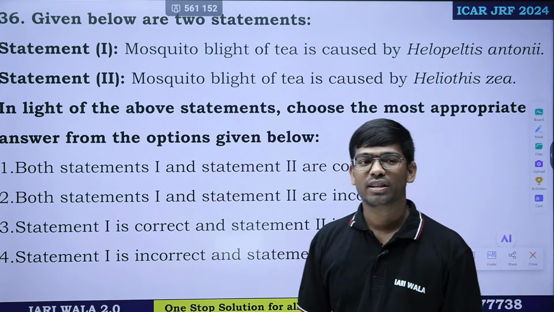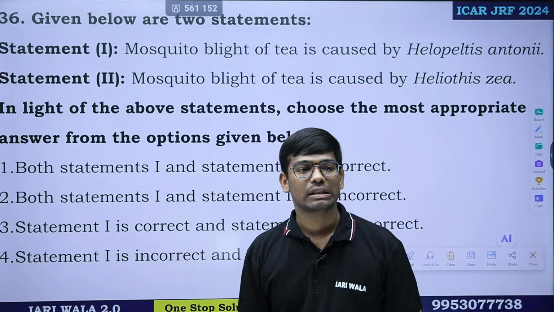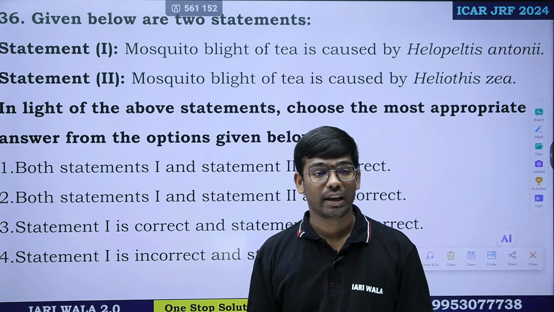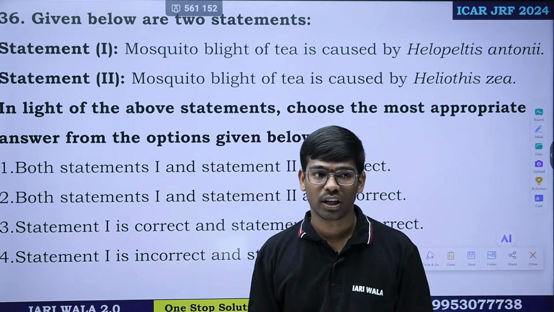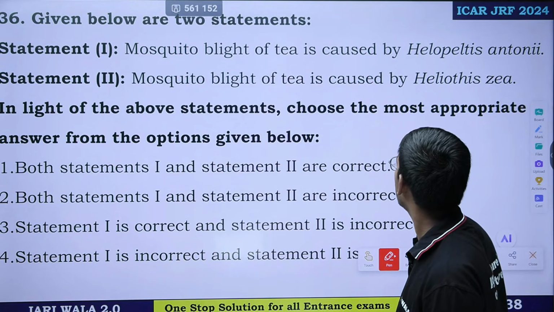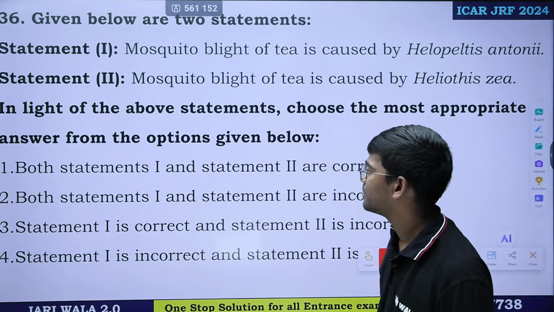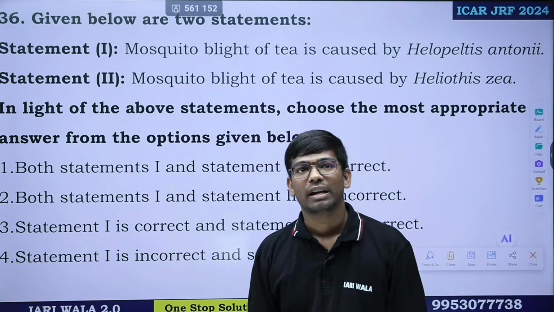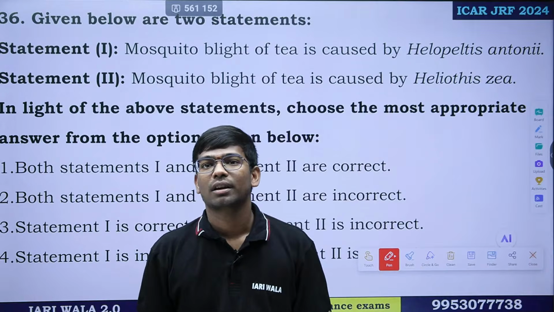And the next question is a statement-wise question. Statement 1: mosquito blight of tea is caused by Helopeltis antonii. And statement 2: mosquito blight of tea is caused by Heliothis zea. Yes, option for this.